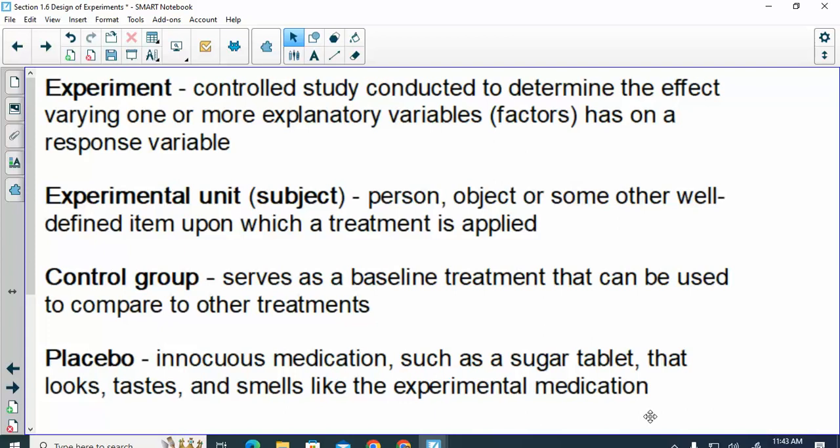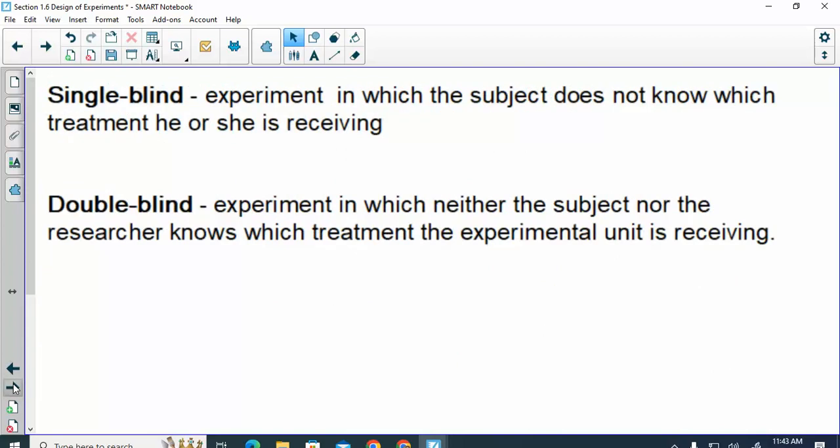So if the researcher knows, but the subject doesn't, that would be a single blind experiment. One person doesn't know what treatment they're getting. A double blind might be a situation where neither one knows. So the researcher doesn't know, and the subject doesn't know.